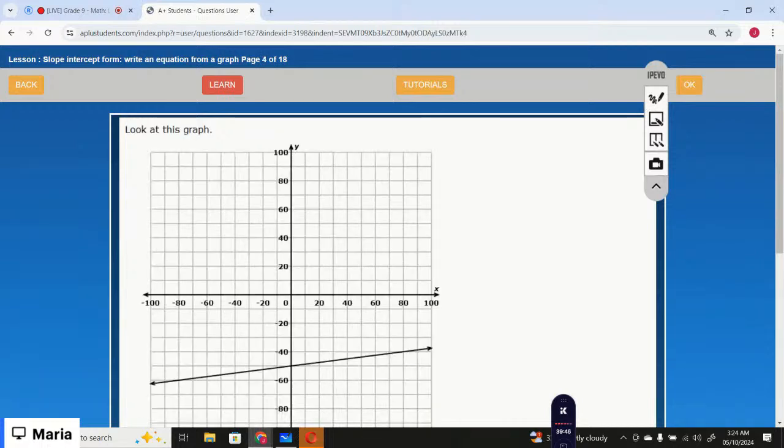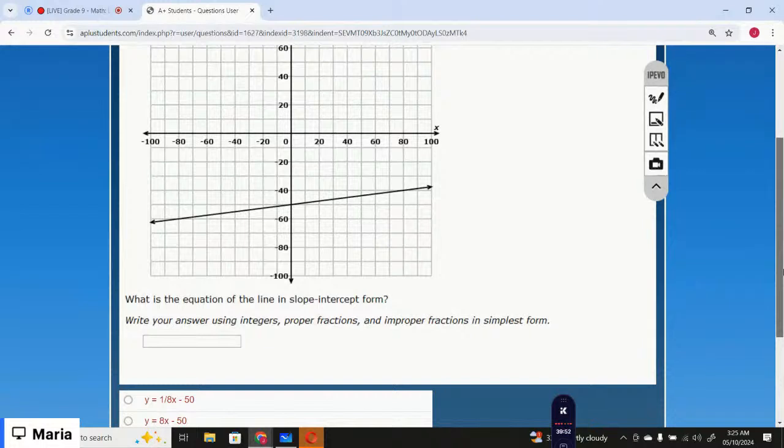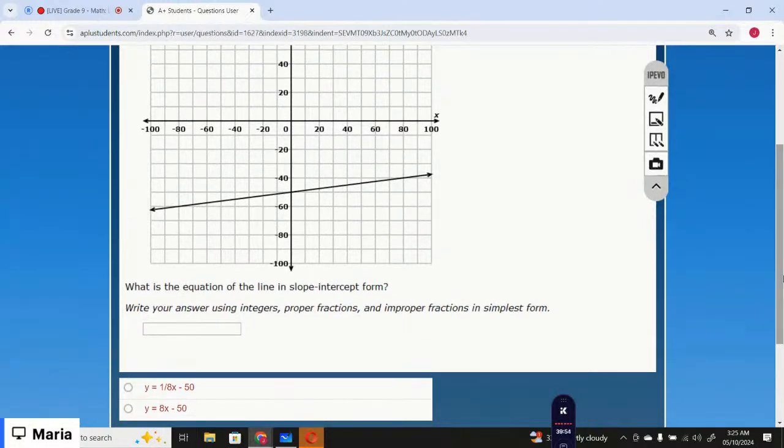Okay, look at this graph. What is the right equation of the line in slope intercept form? So which is the correct option? Which option is the correct one?